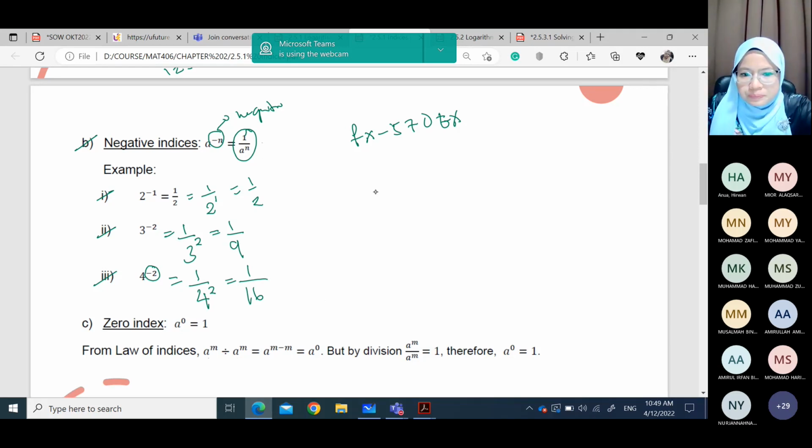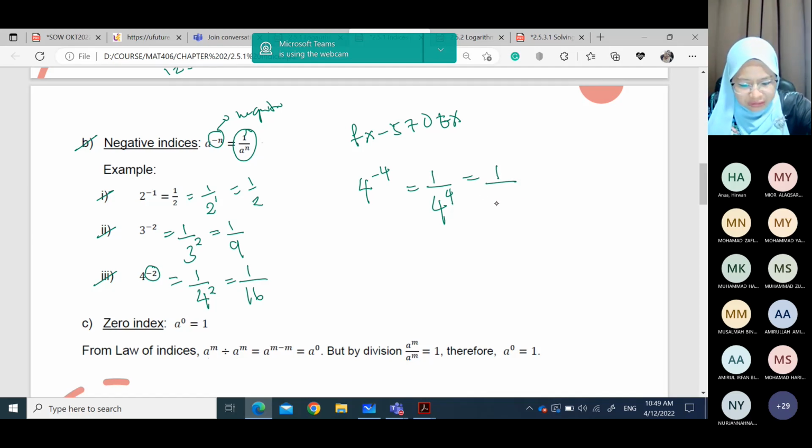Katakan kita ada 4 kuasa negatif 4. Okay. 4 kuasa negatif 4 maknanya adalah 1/4 kuasa 4. Okay. So 4 kuasa 4 berapa? Cuba try. 4 kuasa 4. 1 over 256. Okay. Alright.